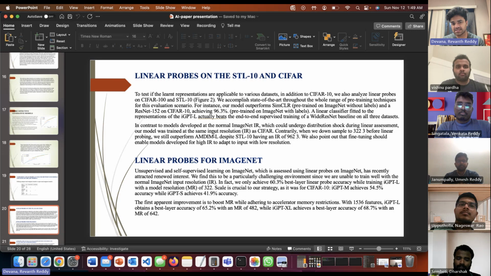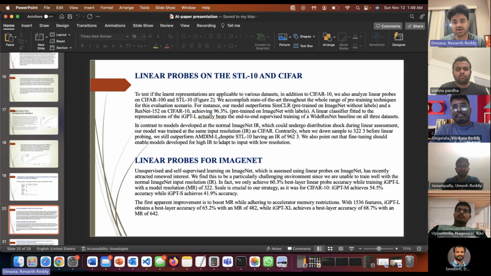Our model was trained at the same input resolution. Contrarily, when we downsample to 32x32 before linear probing, we still outperform AMDIM, and also unsupervised and self-supervised linear probes on ImageNet.